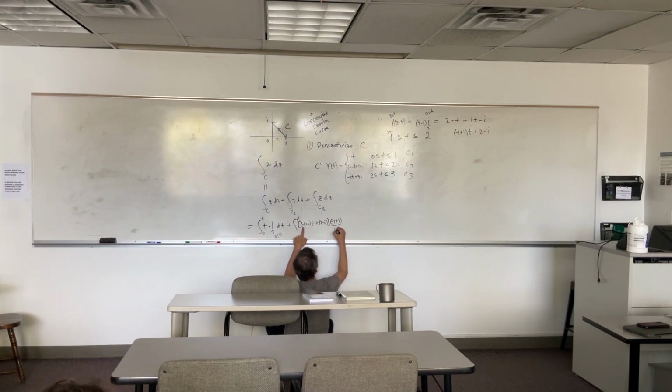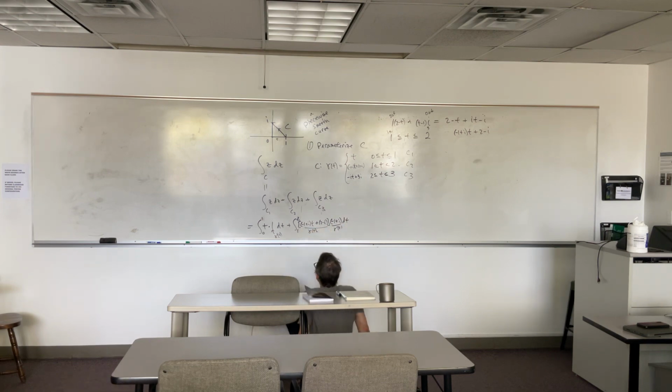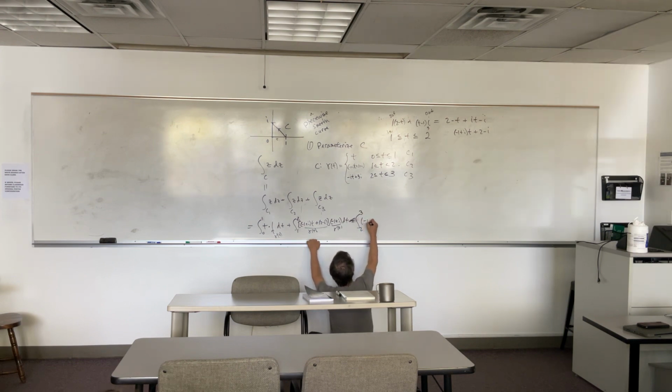And that's gamma prime. This is gamma dt plus, now don't get too crazy here. I don't think we're gonna actually suffer this all the way through. But I just wanted to talk about how to set it up. Gamma 2 to 3, negative i t plus 3i. And the derivative of this is just negative i dt.